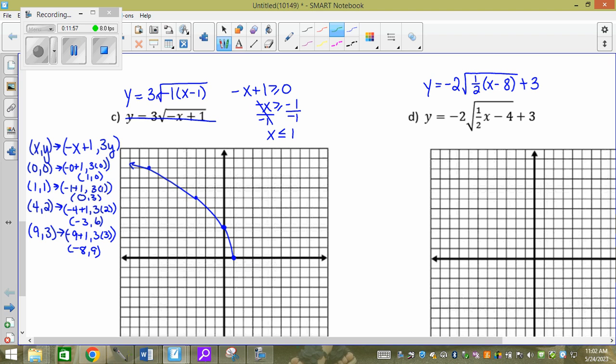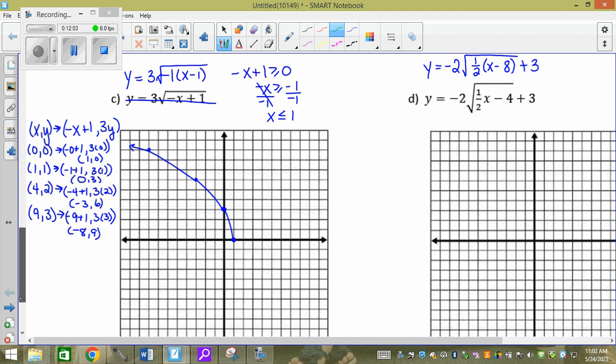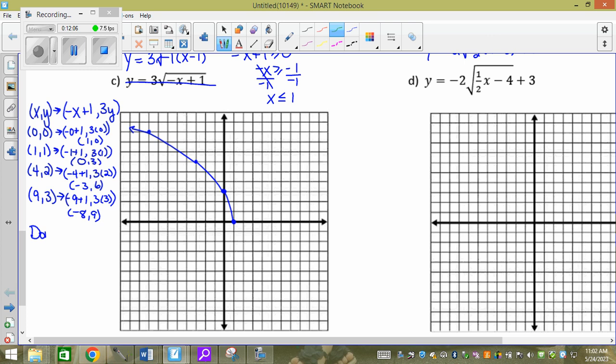So your domain can come from just setting what's under the radical greater than or equal to 0. So my domain is x such that x is less than or equal to 1, x is an element of the reals. So I get negative infinity to 1, close bracket, for interval notation.